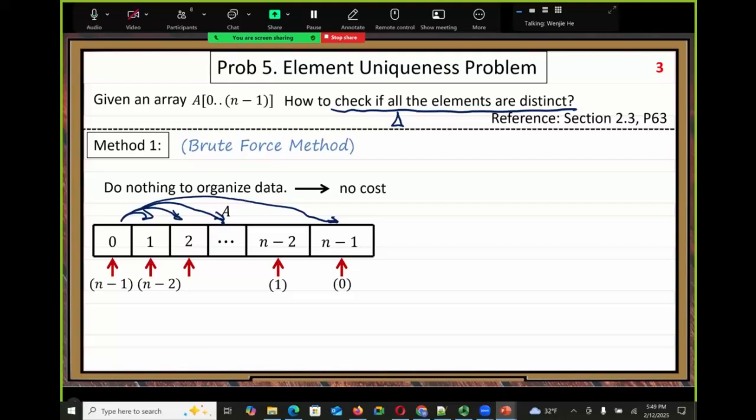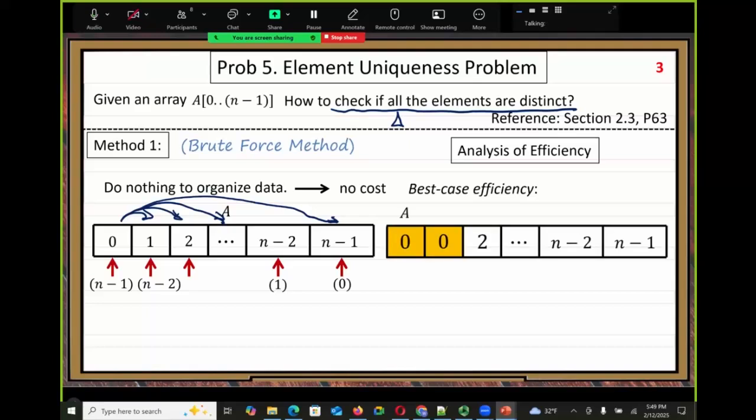So the worst case, the number of comparisons. You have best case and the worst case. The best case is easy. When you do the first comparison, you get a match, so like this situation. So the number of comparisons is 1.